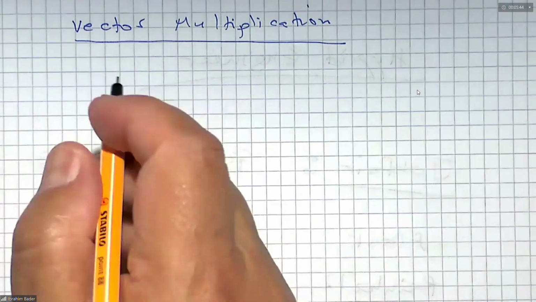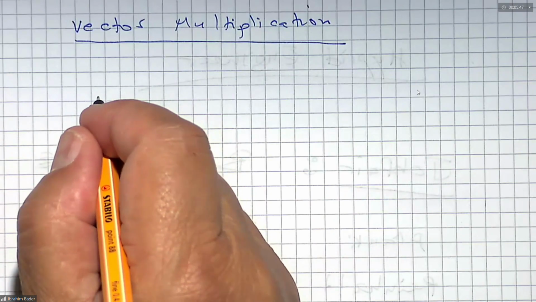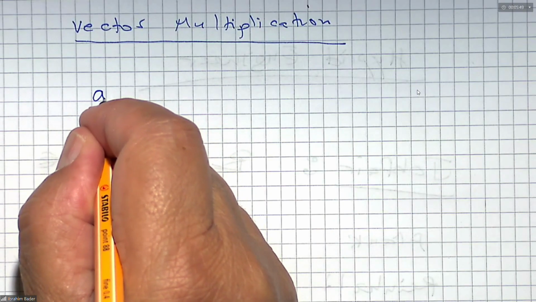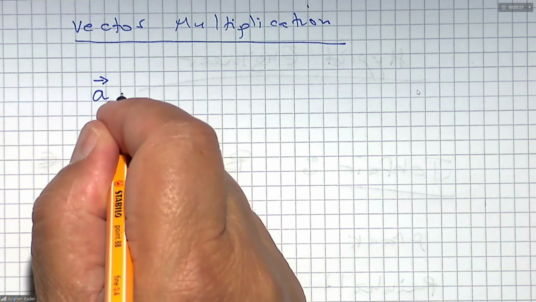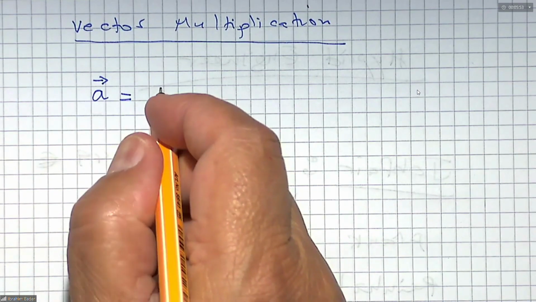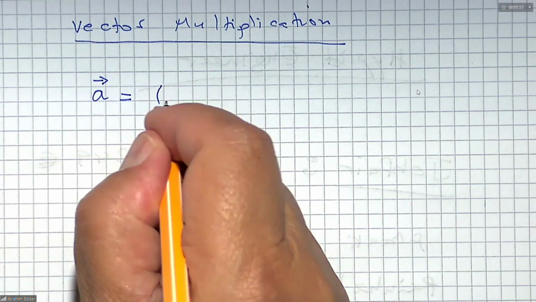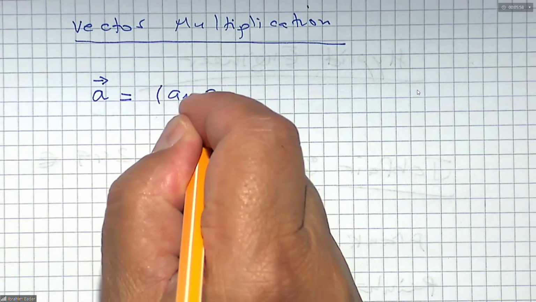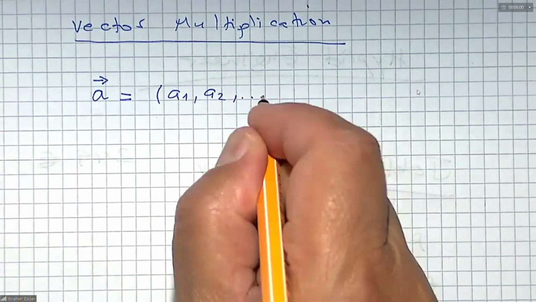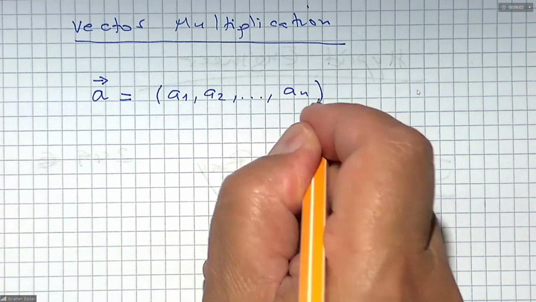Okay, so we defined in general, we said that we will just refer to a vector as a small letter with an arrow on top of it, and then you have components depending on the dimension of the vector. So let's talk about the general case here.